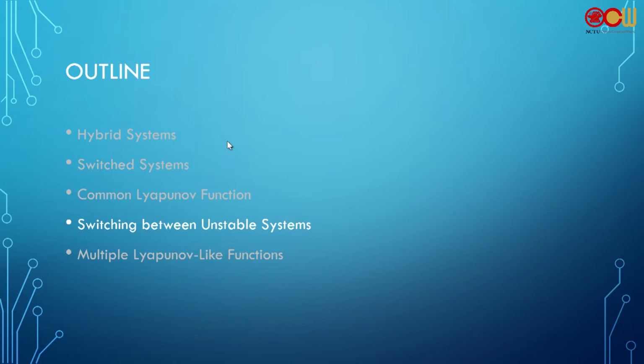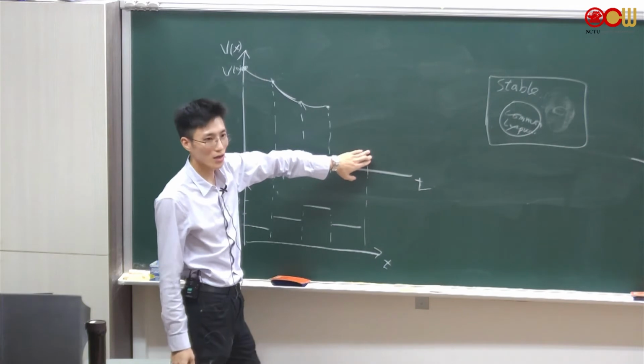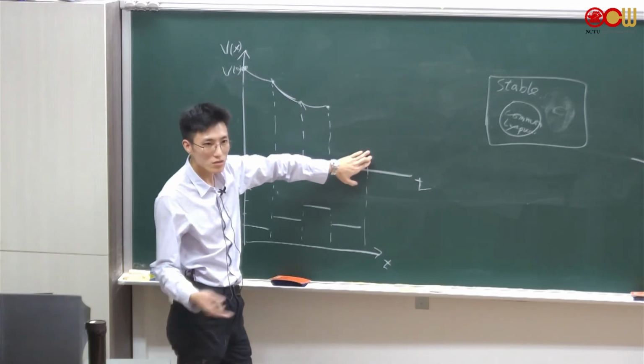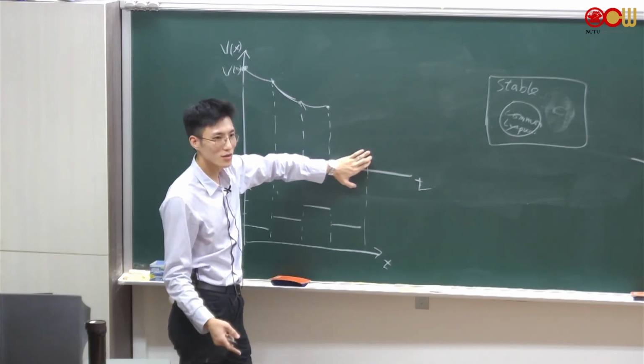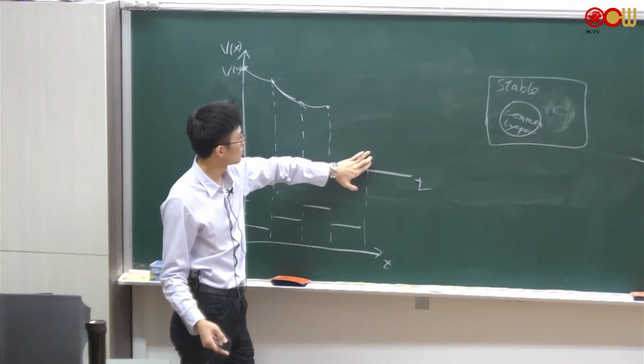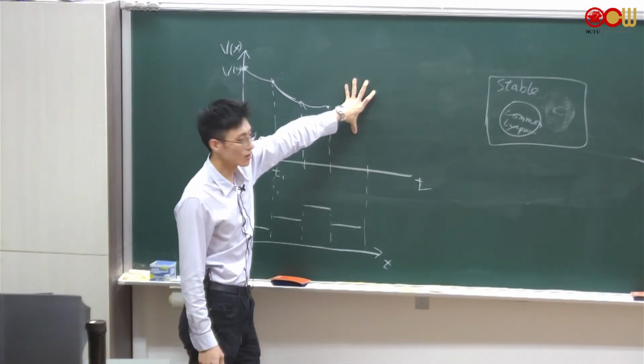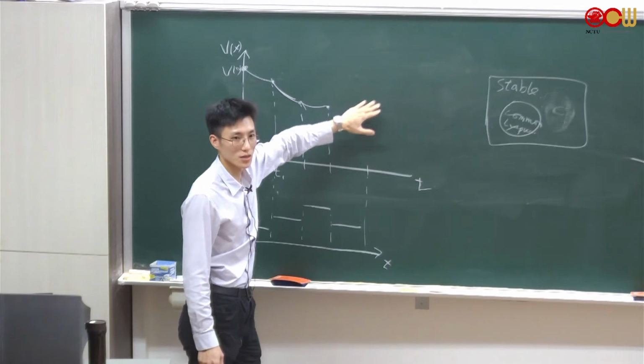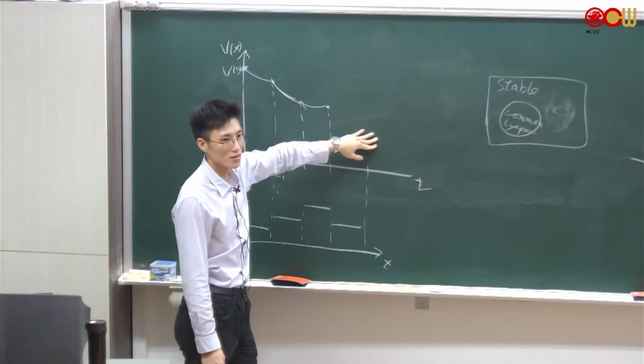The fourth topic is interesting because when you switch between unstable systems, what happens? The question is, can you design a switching law that guarantees stability of the overall system, even though each subsystem is unstable?